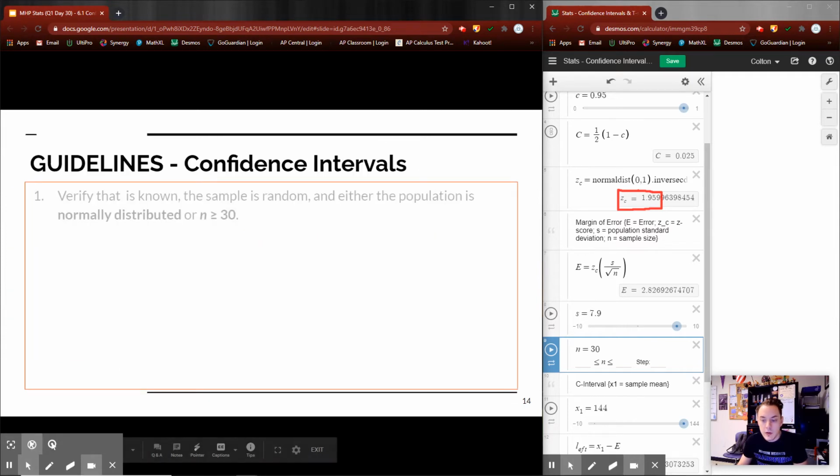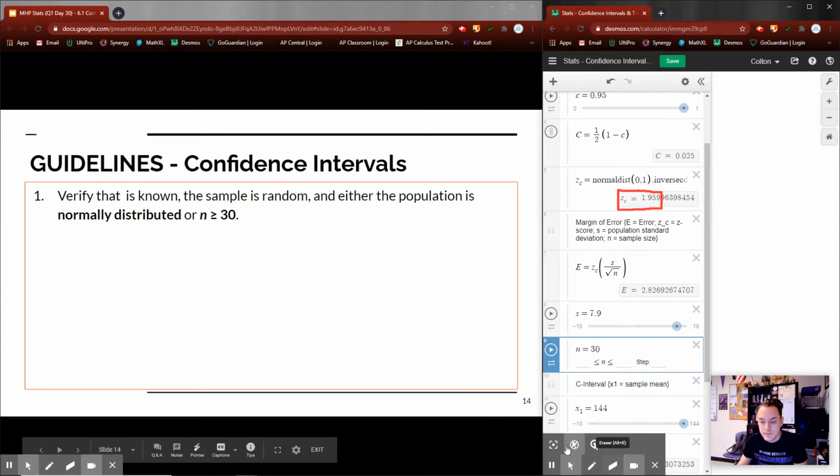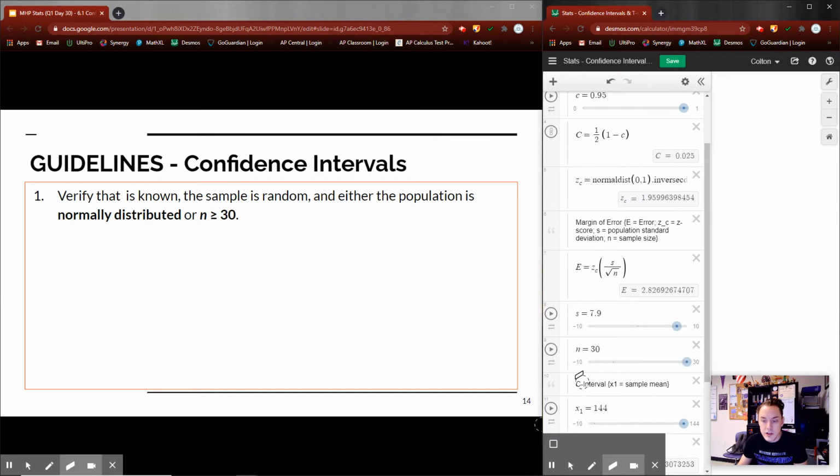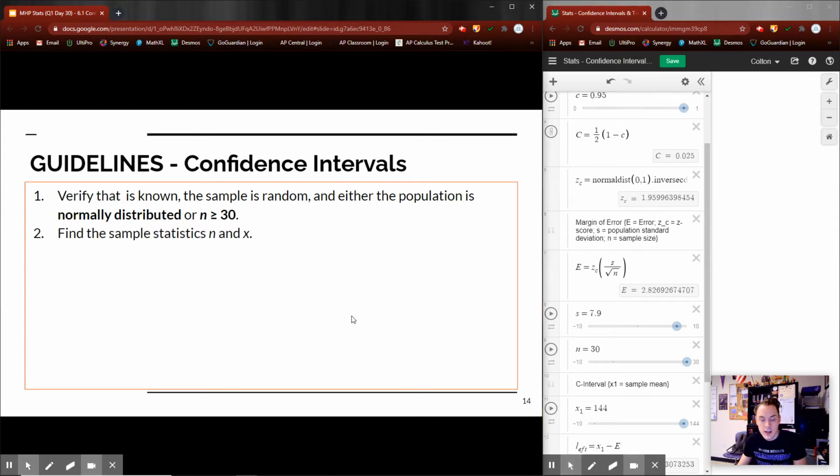So here I'm going to go through a couple of guidelines. These guidelines are going to be very, very beneficial to us as we construct these. So first, you want to verify that the standard deviation is known.